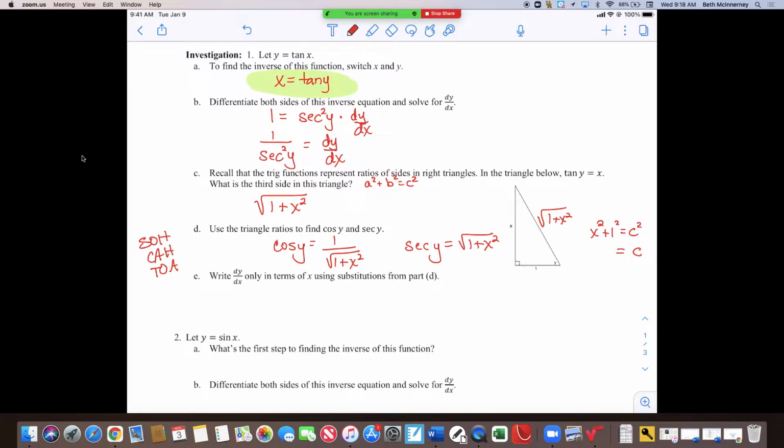Now let's go back to this dy dx. And can we substitute that secant y is the square root of 1 plus x squared, and that's squared. And I can simplify that as dy dx equals 1 over 1 plus x squared.